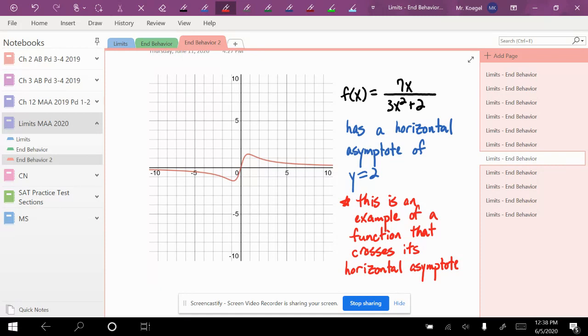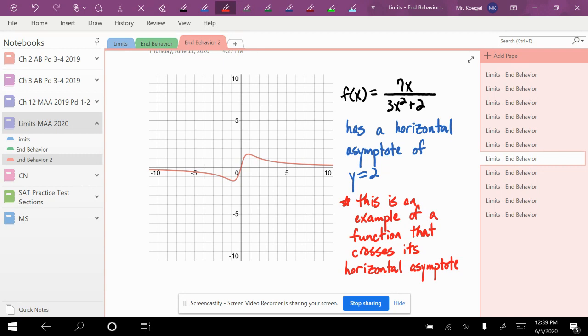This is an example of a function that crosses its horizontal asymptote, which sometimes throws some math analysis students into cognitive dissonance. And the reason for that is because they've never seen a function that crosses its horizontal asymptote, and they have a strong likelihood of having an incorrect definition of what a horizontal asymptote is.